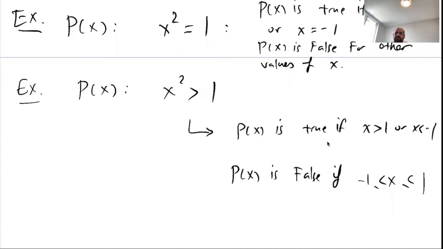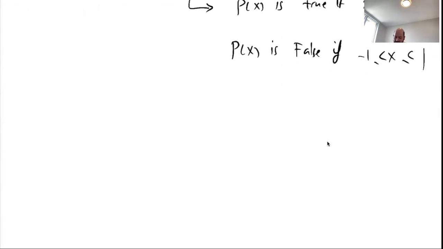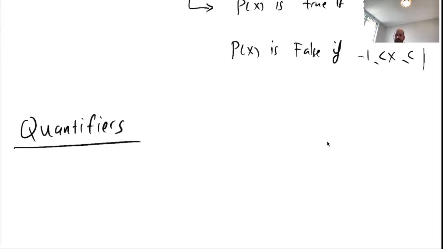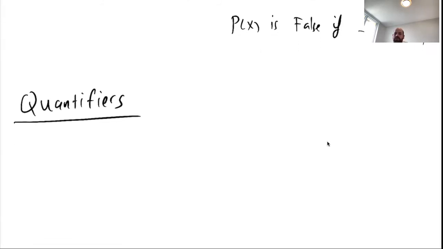Now let's look at quantifiers. We have a few important quantifiers in mathematics, which appear in different fields and contexts. One of them is called the universal quantifier.